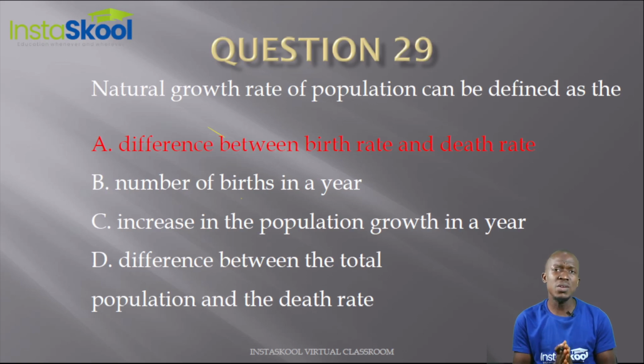Normally we would have said it is the birth rate because that's the natural way the population would grow. But then people also die, which is a natural way of reducing the population growth. So the natural growth rate is the difference between the growth rate and the death rates. So our correct answer is option A.